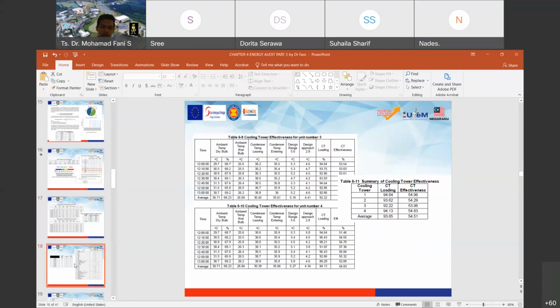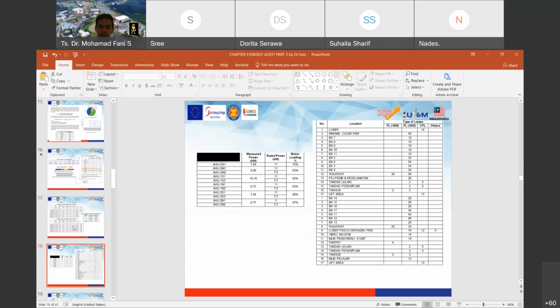Okay, you can find by your own. This one, the detail on how we can find the table, how we can put the location and update the type of lamp. So for example, bilik 7, 10, fluorescent 36 watt, compact lamp.